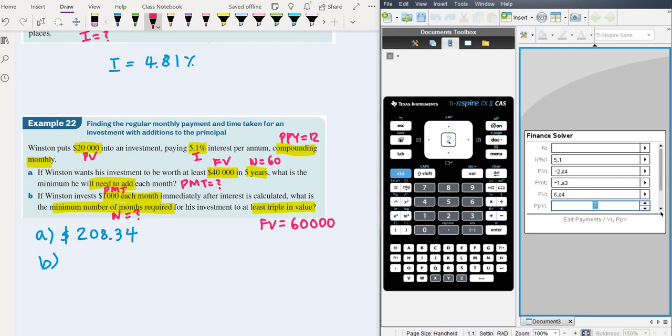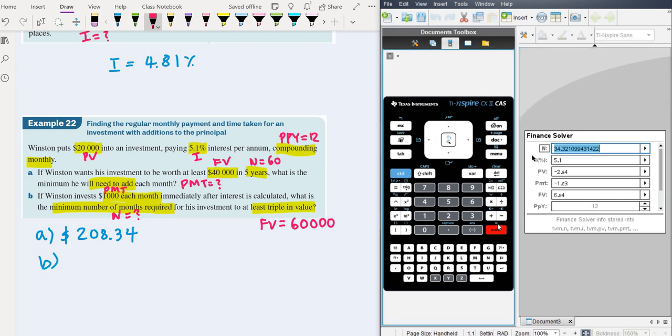And this is still 12. And all 12, it's all good. So go on to N and press enter. Then we know it's going to take this many months. So 34.32. This means roughly 35 months that it takes.